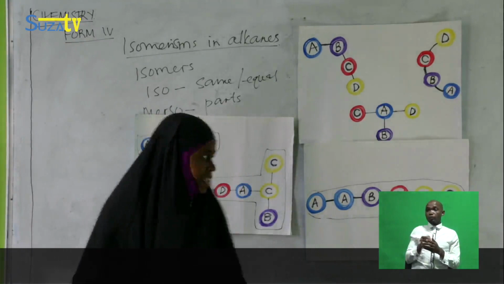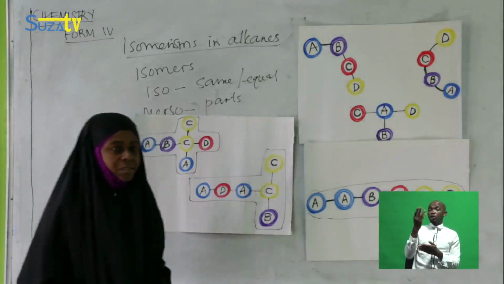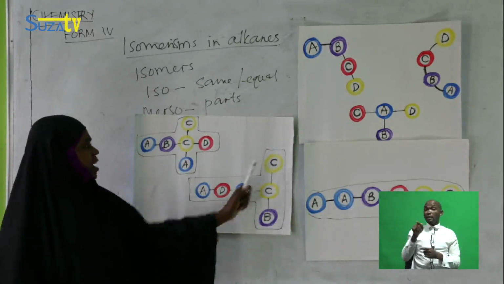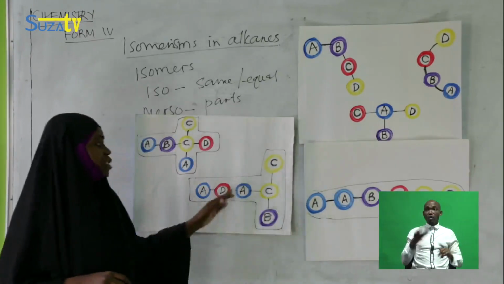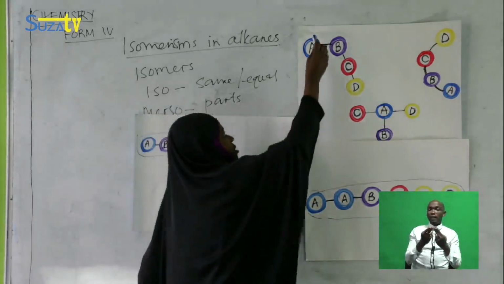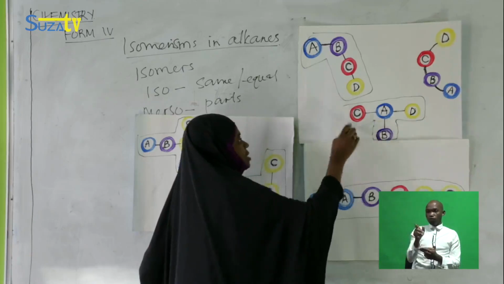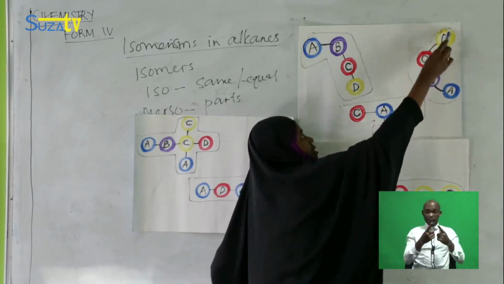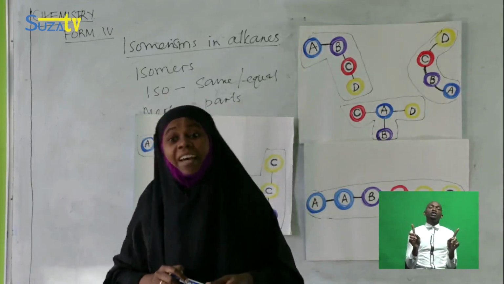Therefore, we have observed that these three and these also three have the same number of atoms, but these atoms are arranged differently. Therefore, this arrangement gives us different structures. The same way as this one, 4 atoms, 4 atoms, and here also 4 atoms. But what about the arrangement? It's different.